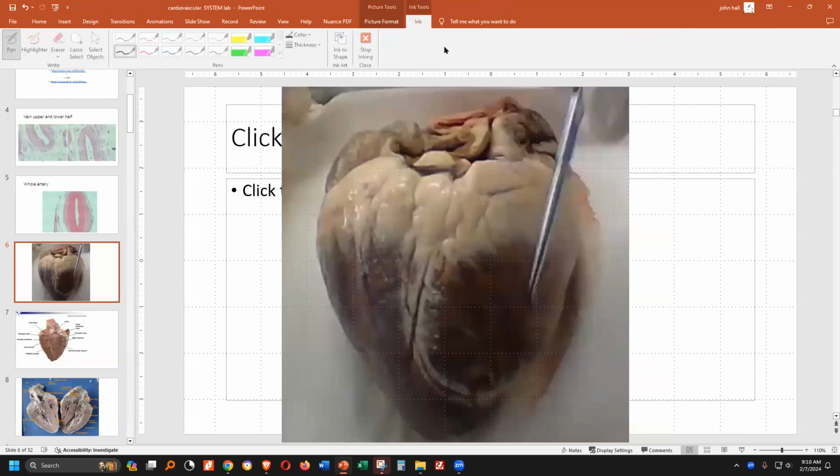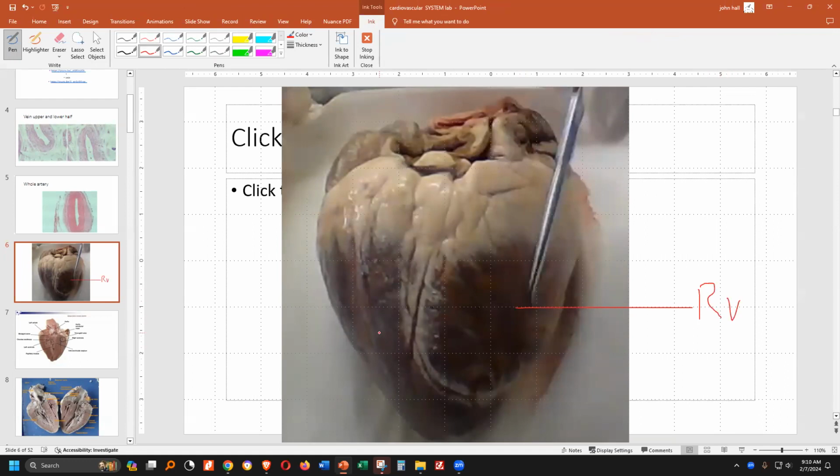Yes, ink it in real quick. So right ventricle, left ventricle. Running in between here, this line you see here is the interventricular sulcus.